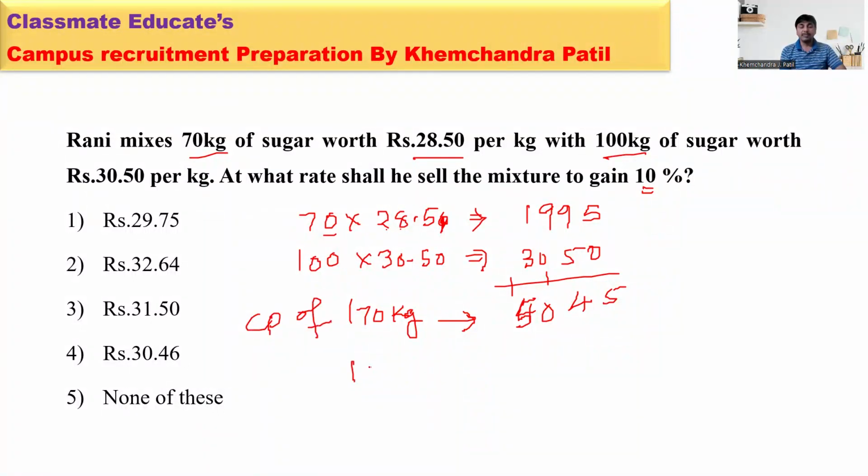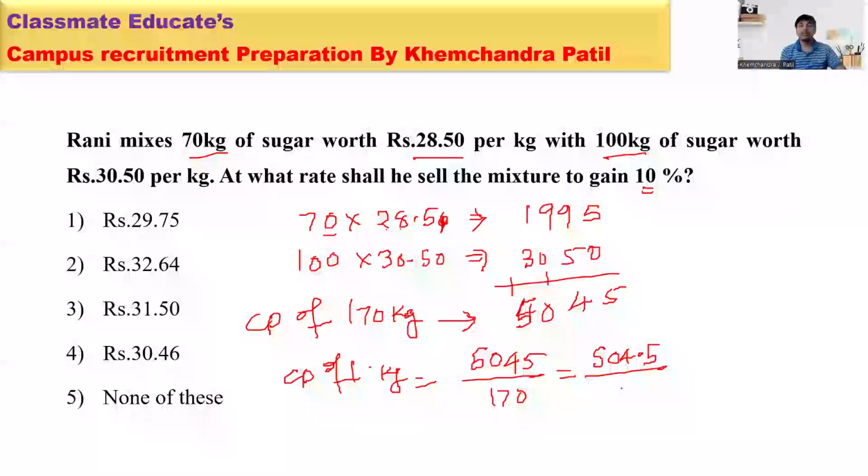Now from this you can get the CP of 1 kg, which will be equal to 5045 divided by 170. If you divide with the zero, it looks like this: 504.5 divided by 17. 17 twos are 34, remainder will be 16. 29 point something, this will be your cost price, but we want to sell it at 10% profit.